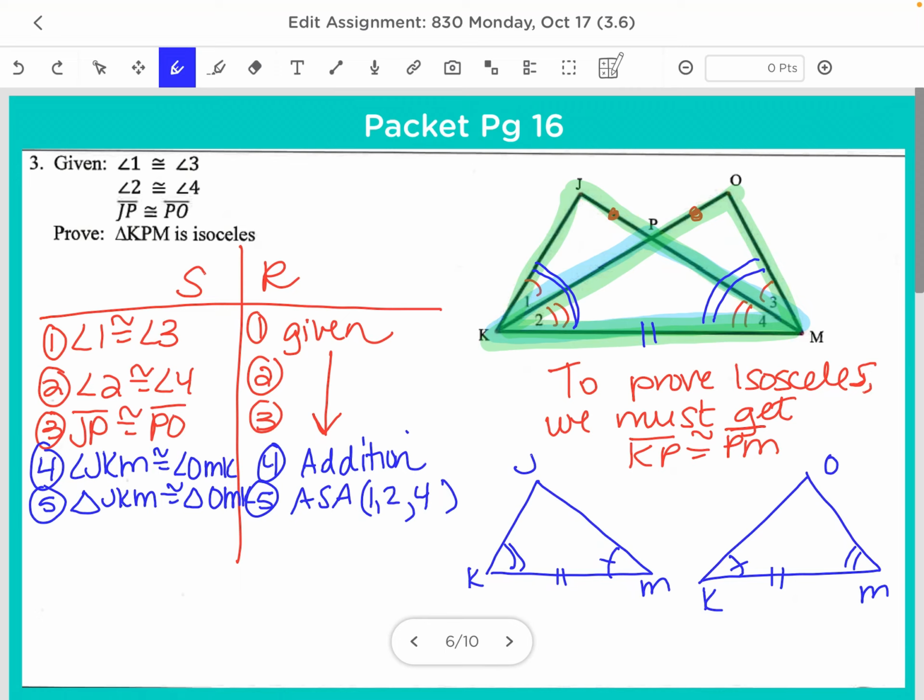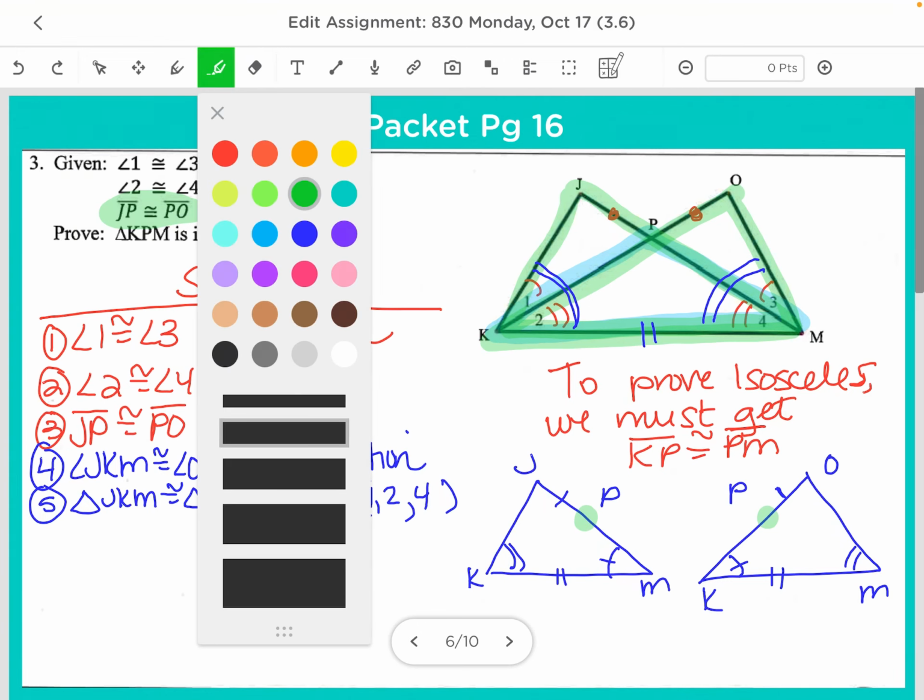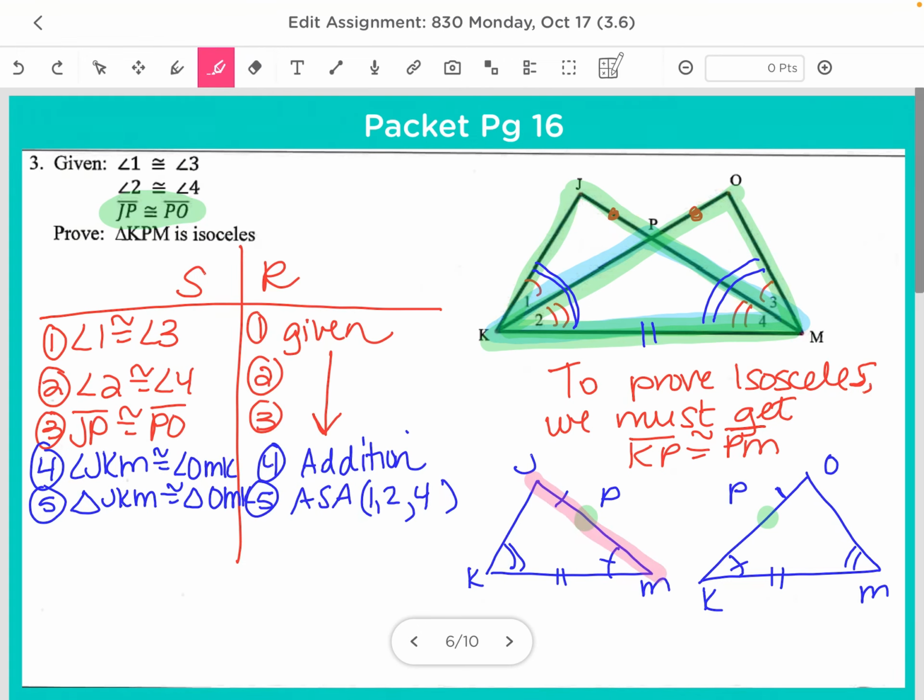So now you might be wondering, why did they give me JP congruent to PO? Because that's part of the side in this triangle. This would be JP and OP, and those are congruent. Well, I know that the entire side, JM, is congruent to OK. I'm going to put that in my proof because I'm going to need it.